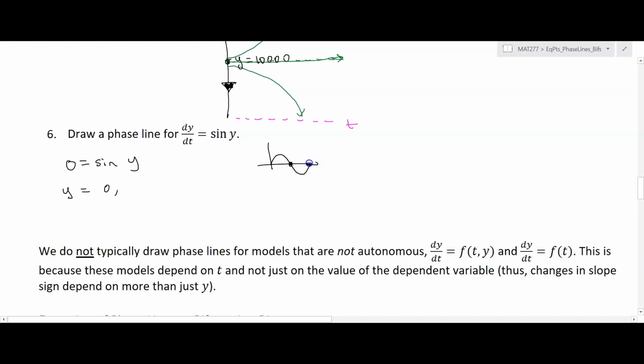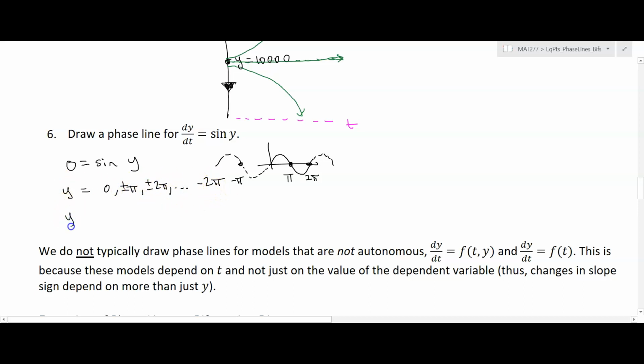This is at pi and 2 pi. So same thing over here, at negative pi and -2 pi, and then at every increment of pi, it again reaches 0. So we'd have 0, plus or minus pi, plus or minus 2 pi, etc.